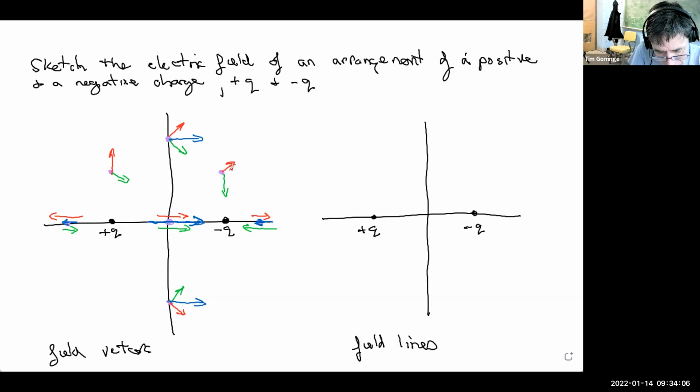And then finally, we've got these two remaining points above the axis on the left and on the right. The superposition of the fields here, let me draw them, are going to look something like this.